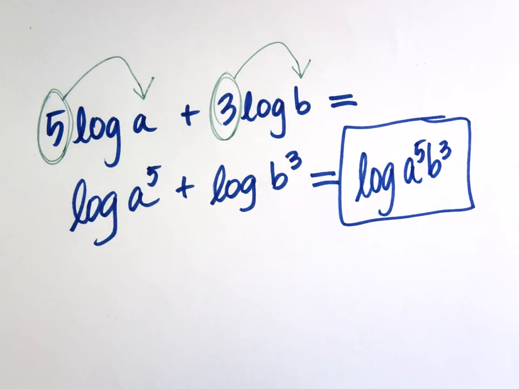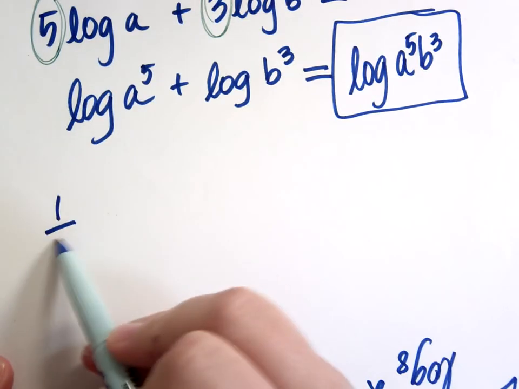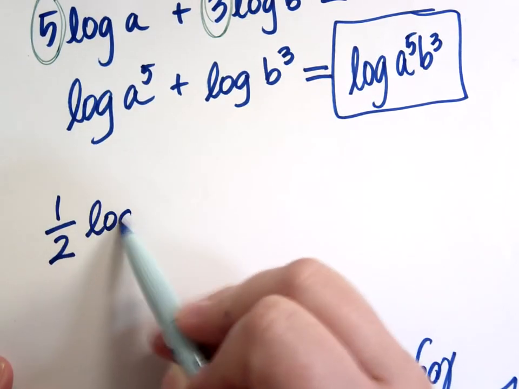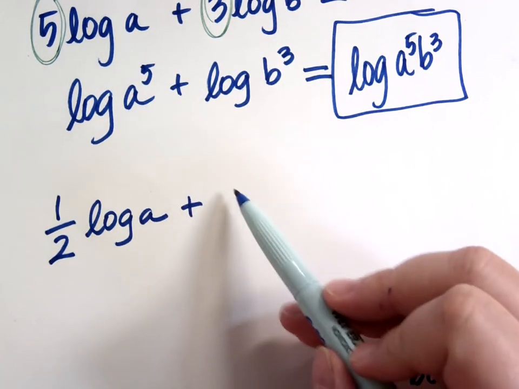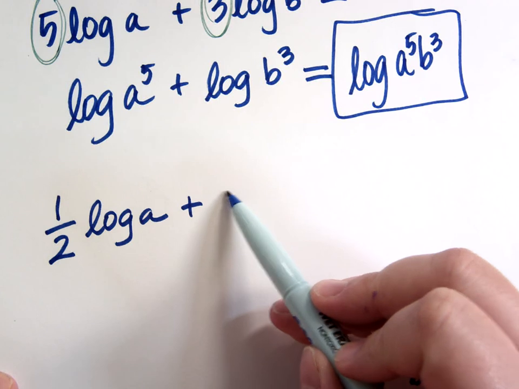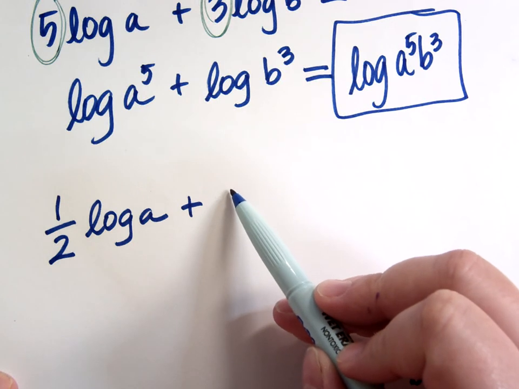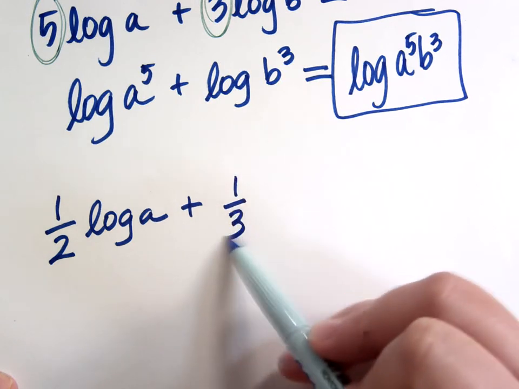Okay? What I wanted to point out to you is that if, let's say I have fractions out here. Let's say this is 1/2 log of a plus, oh, I don't know what I want to do. Let's go ahead and say 1/3 log of b.